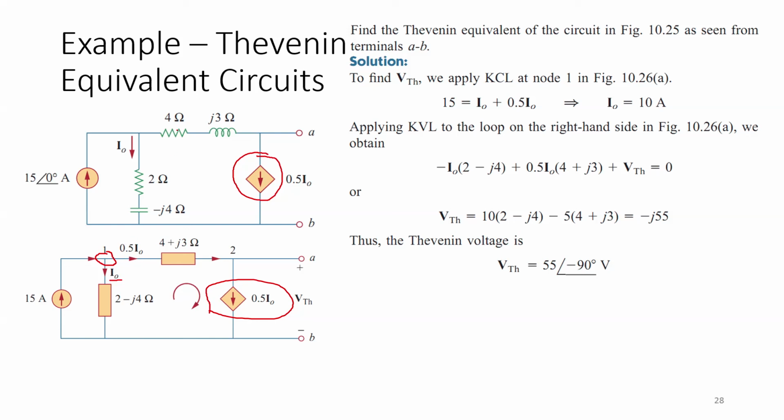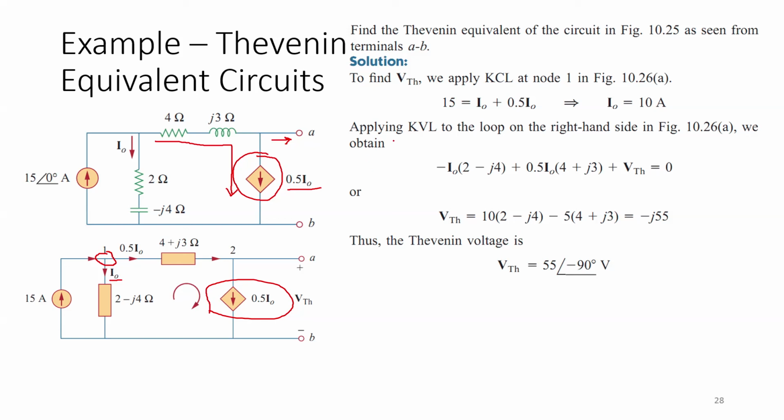We are calling it I0 because this is the current flowing through this path, and the current flowing through this path is 0.5 I0. There is no current going there, so the current flowing through this dependent current source is the same as the current flowing through 4 ohm plus J3 ohm. That is why we have directly written 0.5 I naught here. So by solving this equation, we get I naught equal to 10 ampere.